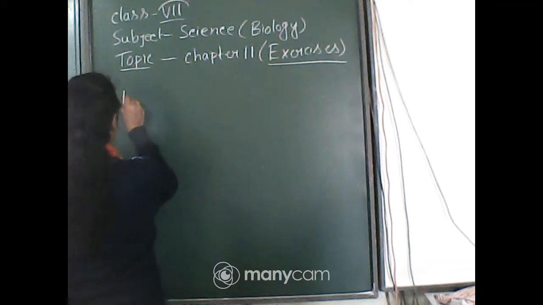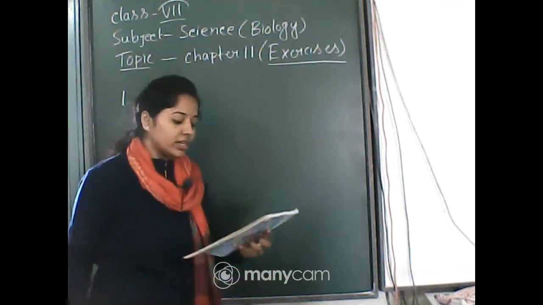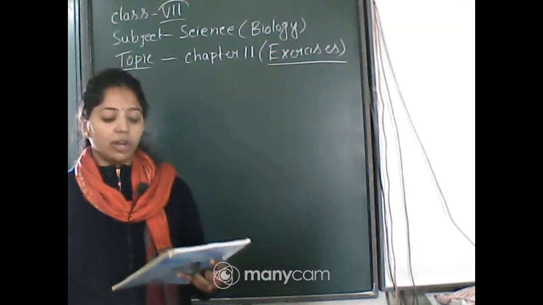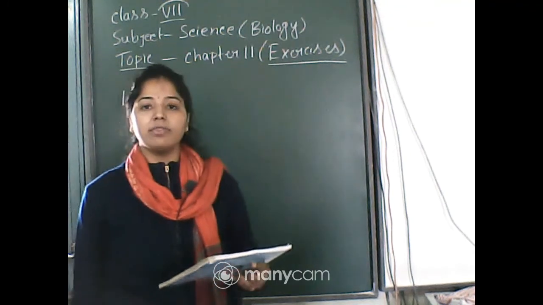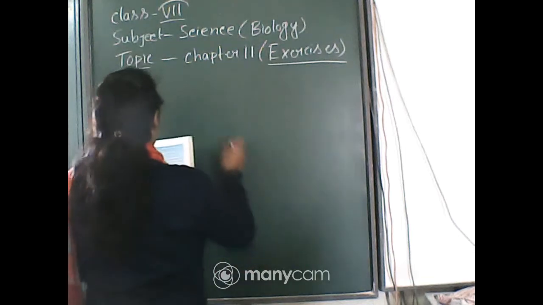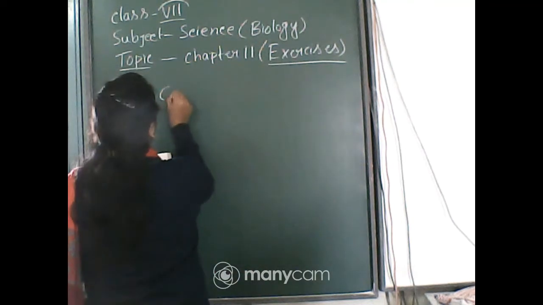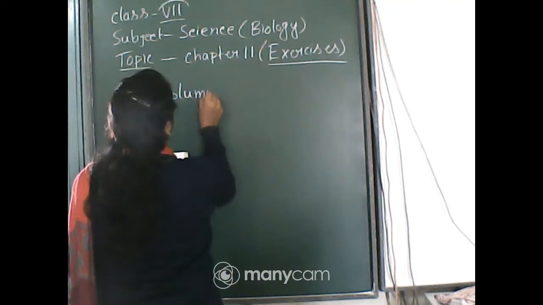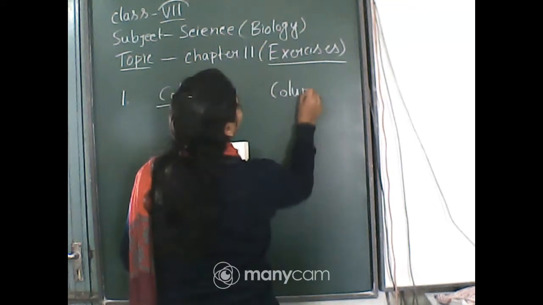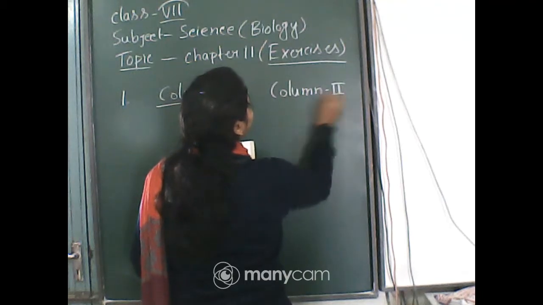In the first question, there is a match the structure given in column 1 with the functions given in column 2. Means in column 1 the structures are given, and in column 2 the functions. So we have to match them.